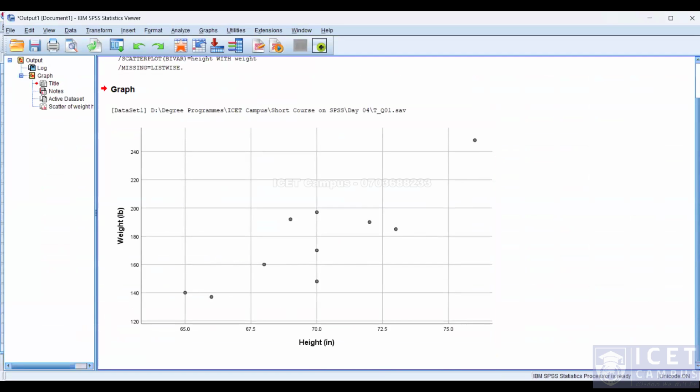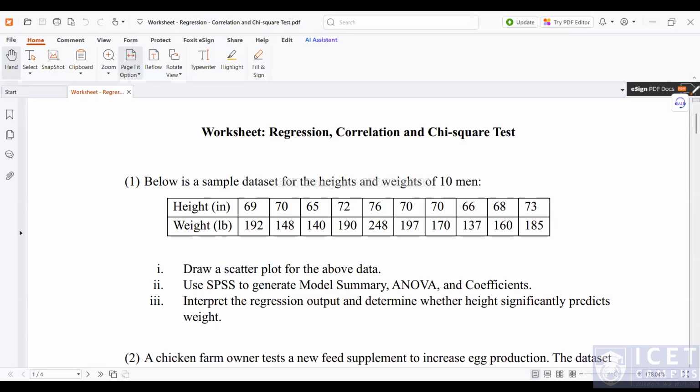In the second question, it's given: use SPSS to generate the model summary, ANOVA, and the coefficients, and interpret the regression output to determine whether height significantly predicts the weight.